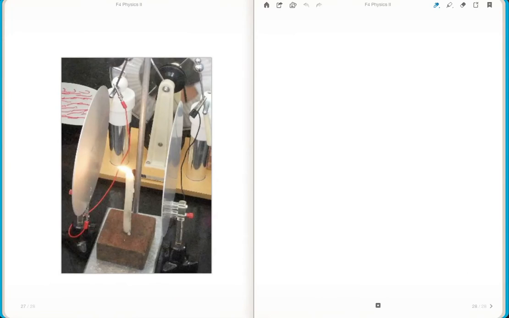Over here, I have two parallel plates. One is on the direct current, positive side on the left, and the right is the negative terminal for the electric field. The electric field will be pointing from positive to negative.